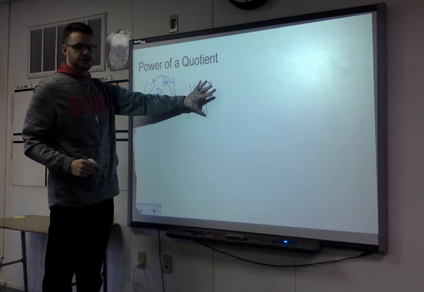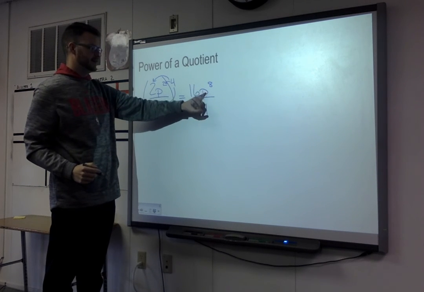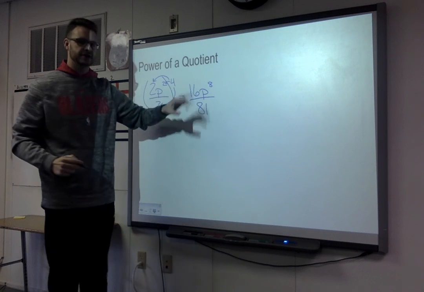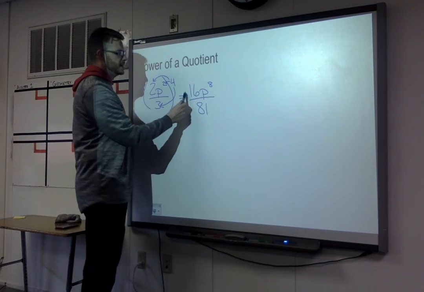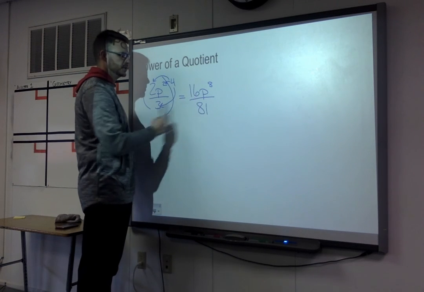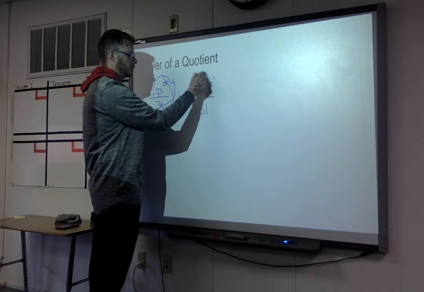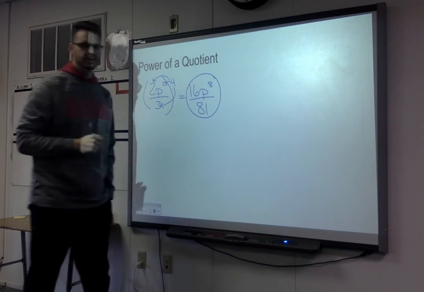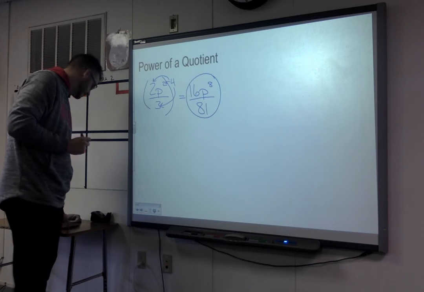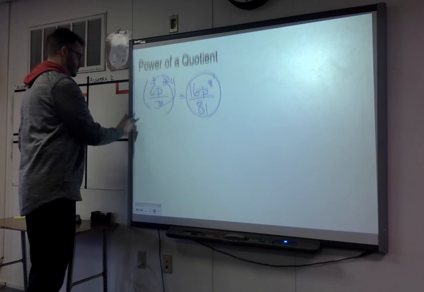Now again, you want to make sure it's simplified. Each base shows up once. Fractions are in their simplest form. In this case, there is no number that goes into 16 and 81. So this is simplified. That's as far as we can take that problem. Let's walk through another one here.